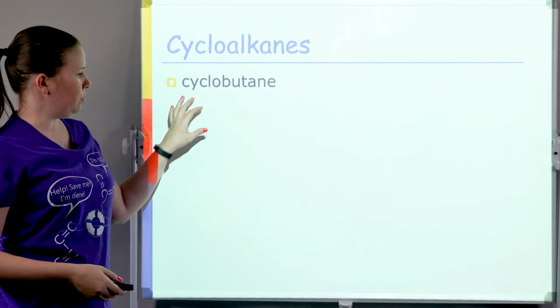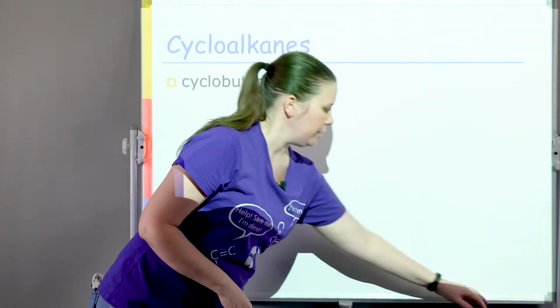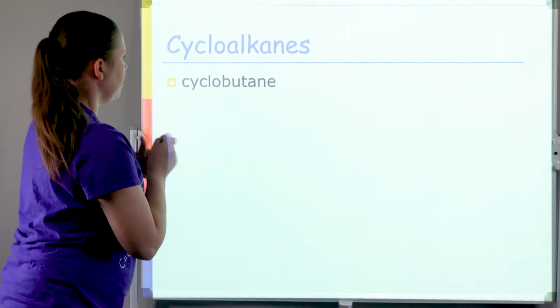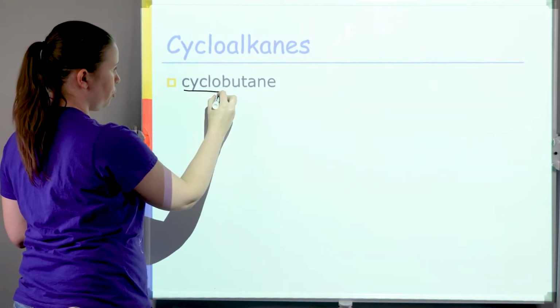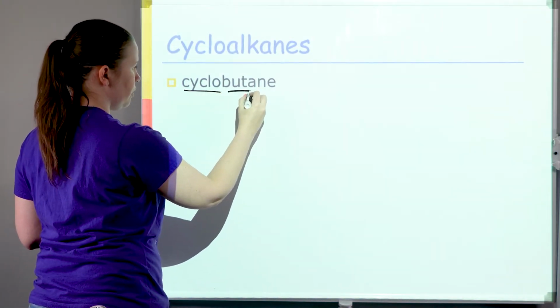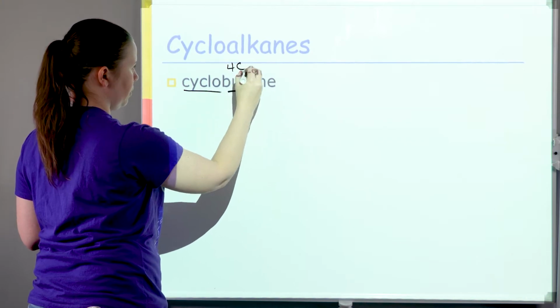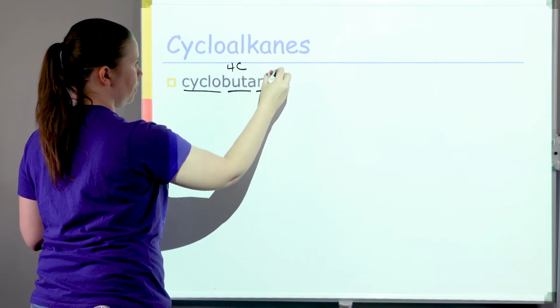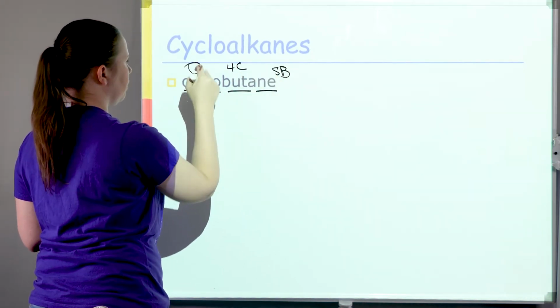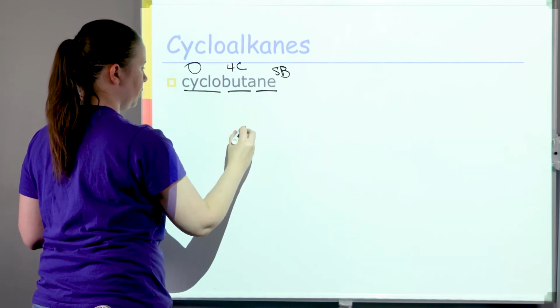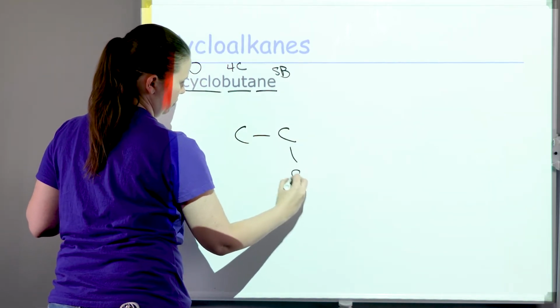All right, so what do we think cyclobutane would look like? The cyclo tells me I'm going to draw in a circle. The bute tells me I'm going to have 4 carbons, and then the A and E is your single bonds. So I have in a circle 4 carbons with single bonds. So something like this.